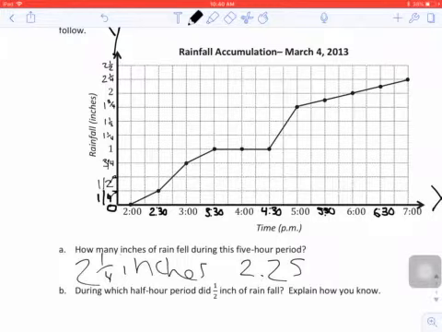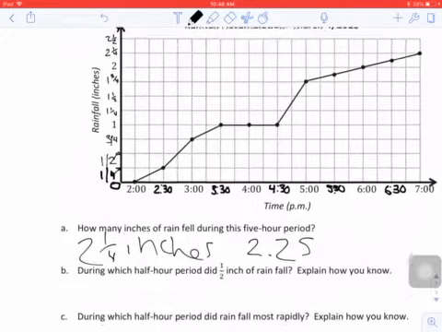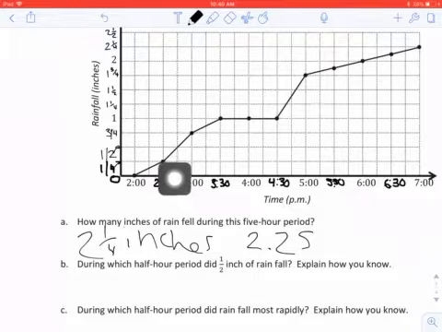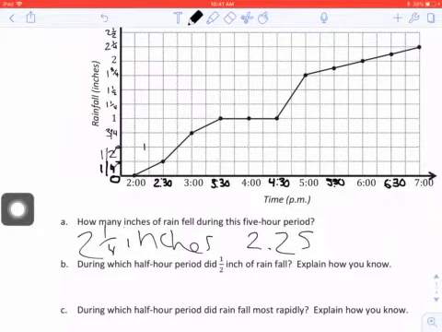During which half-hour period did 1/2 inch of rain fall? So what you're doing is you're looking between 2 points for this. And you're seeing which ones had 1/2 inch of rainfall. So I'm going to start at this first one, and I'm going to see that since it started at 0 amount of rainfall and it ended at 1/4 rainfall, it only grew 1/4.